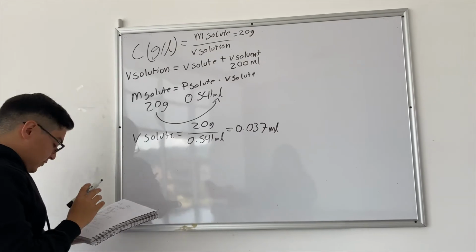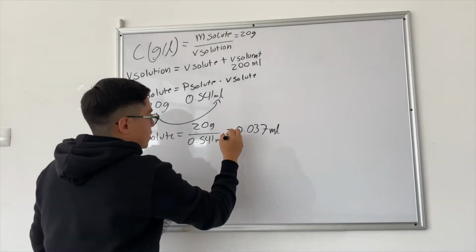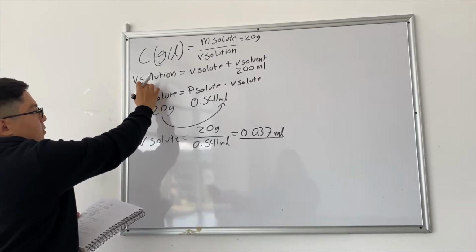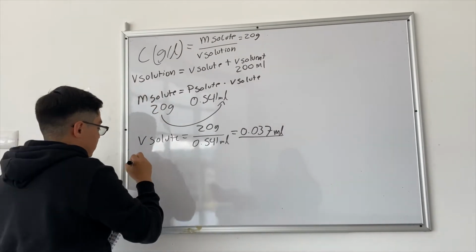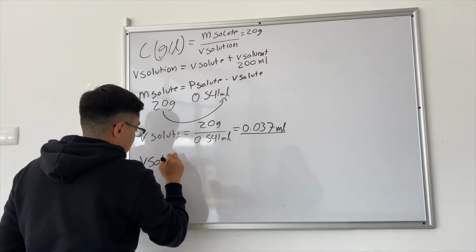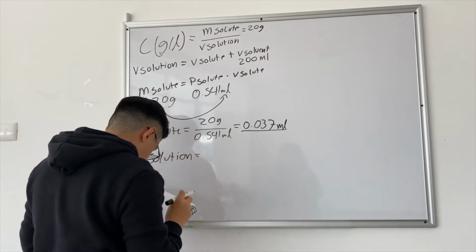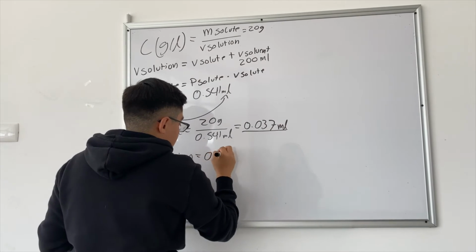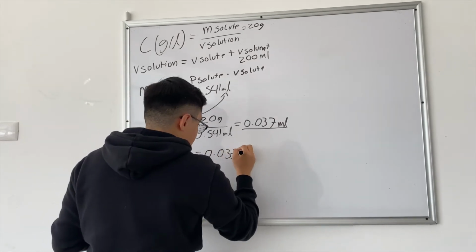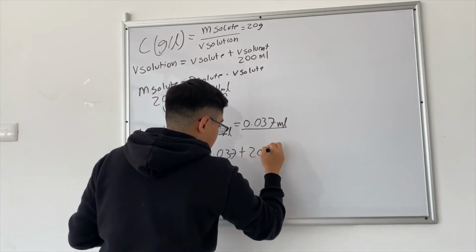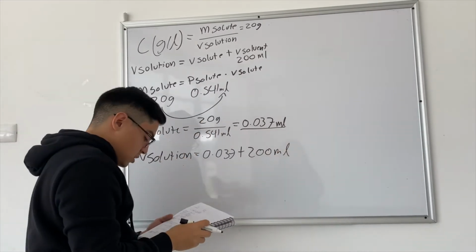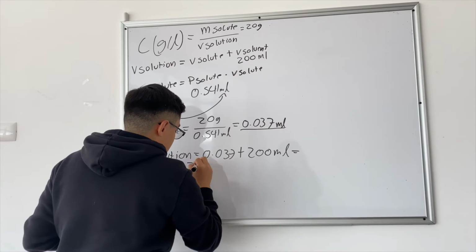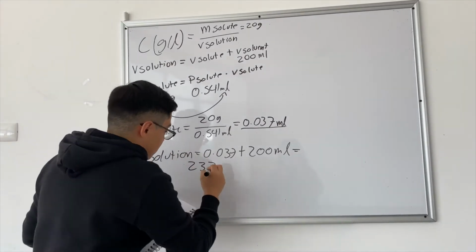Now that we have the volume of the solid, we can do the volume of the solution, which will give us volume of the solution equals 0.037 plus 200 milliliters. That equals 237 milliliters.